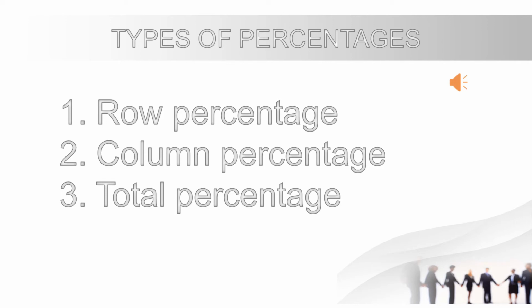You can also see that under the 25 to 34 age, 42.9 percent are strongly unfavorable. So you base it on the column.